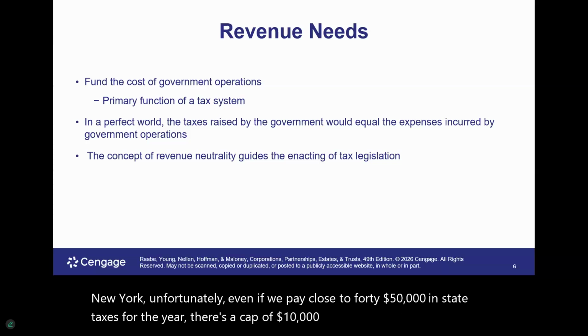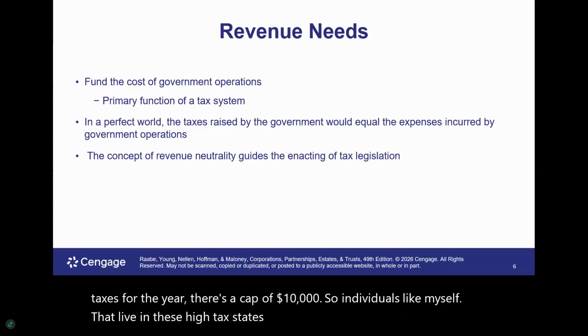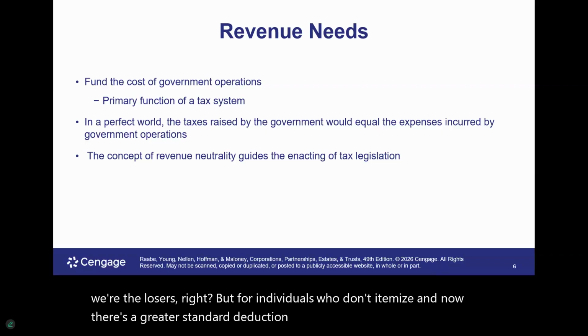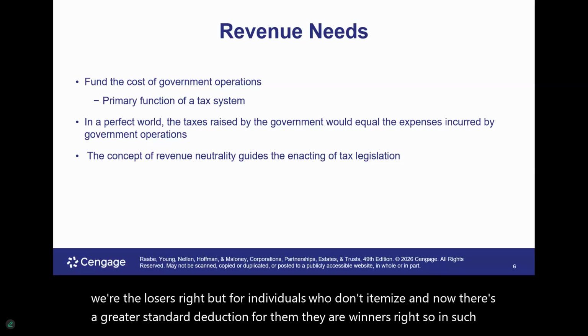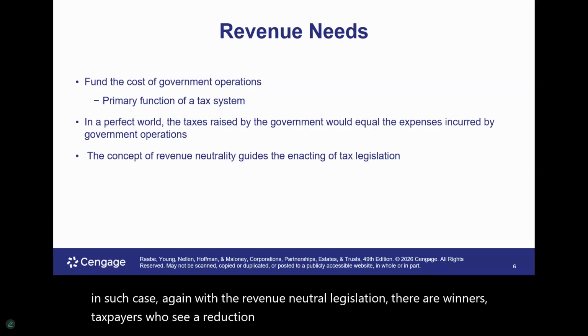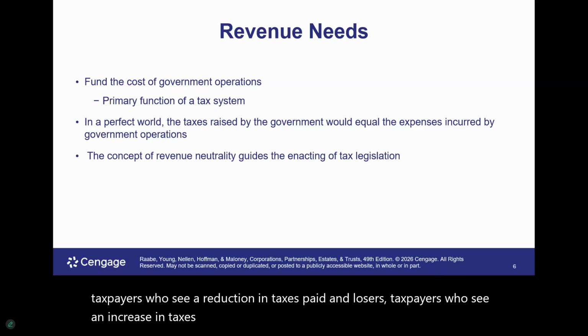So individuals like myself that live in these high tax states and earn a certain amount of income, we're the losers, right? But for individuals who don't itemize, and now there's a greater standard deduction for them, they are winners. So with revenue neutral legislation, there are winners, taxpayers who see a reduction in taxes paid, and losers, taxpayers who see an increase in taxes paid.